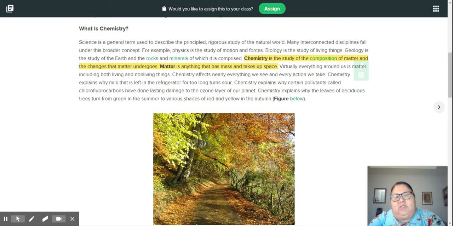How do we know it turns sour? It has a different smell when it's gone bad. It tastes different, and it even looks different. It looks clumpy, and it even has a different color. So all of those are indications that a chemical change has occurred. That's why it's considered chemistry.